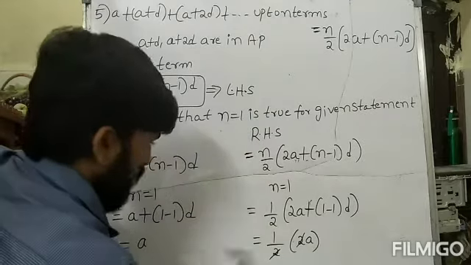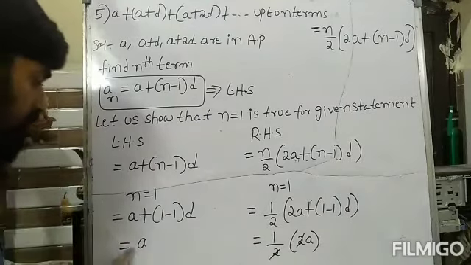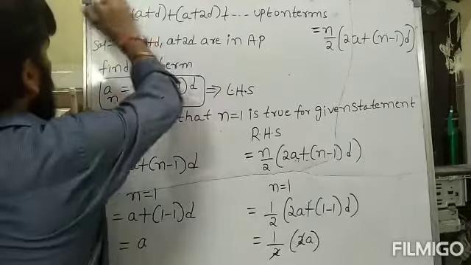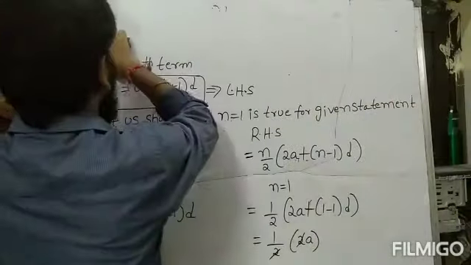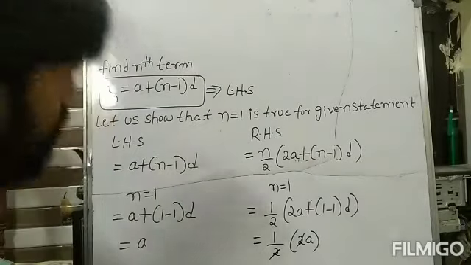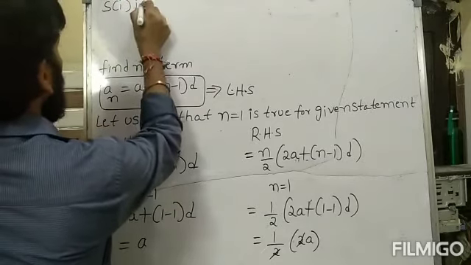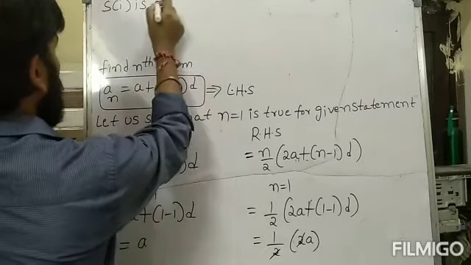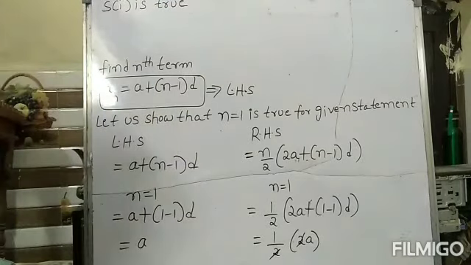A equals a. Therefore LHS equals RHS. Both are equal. So S of 1 is true.